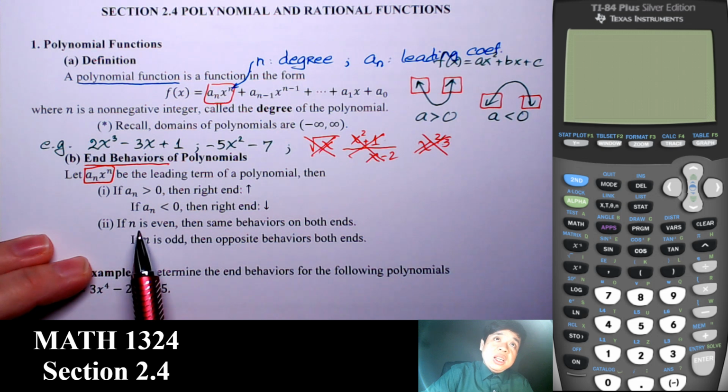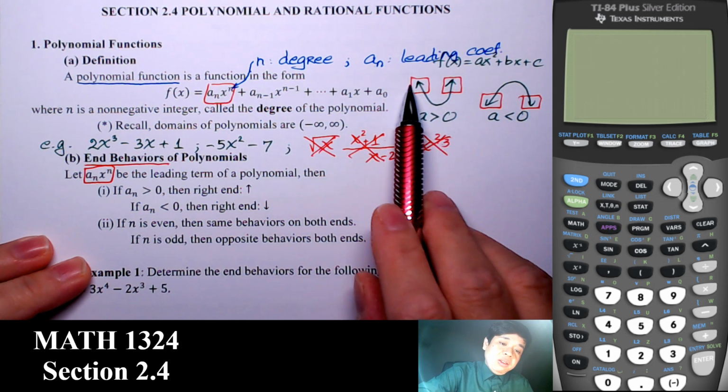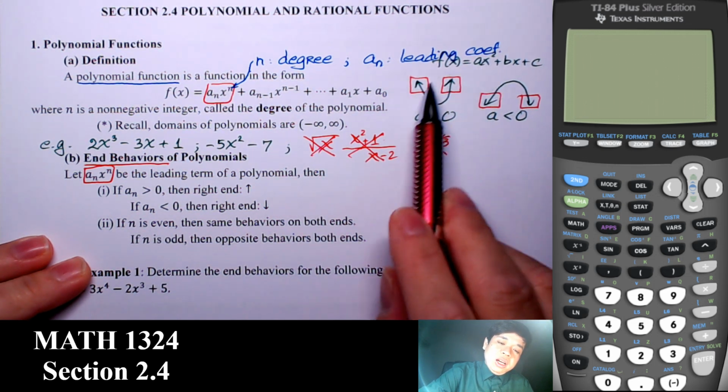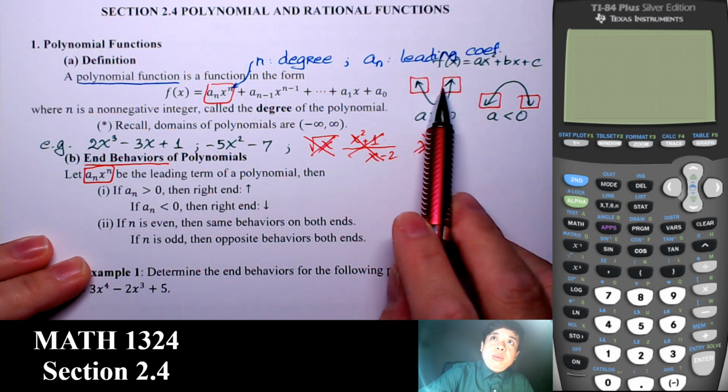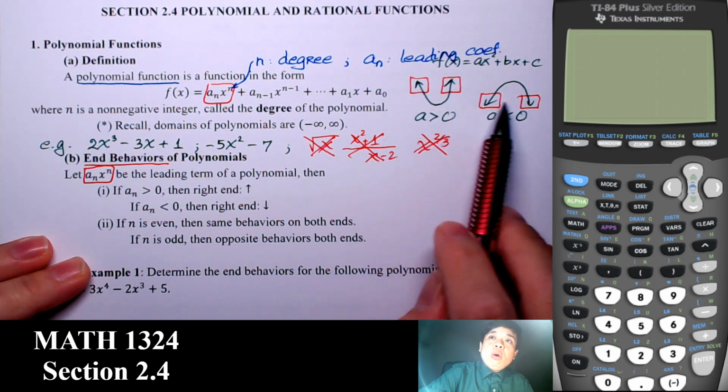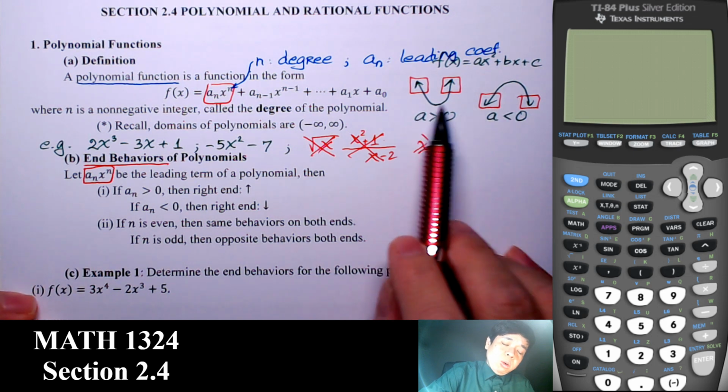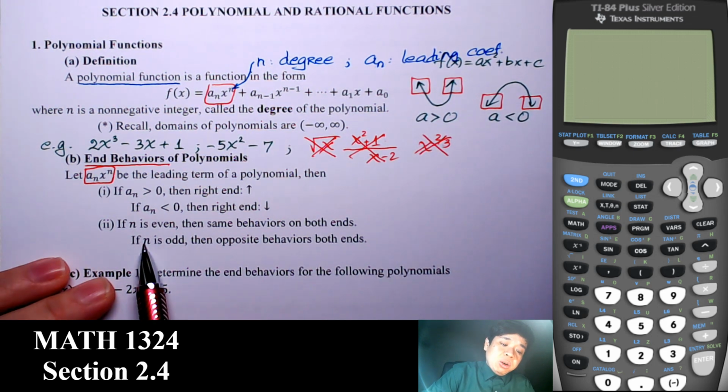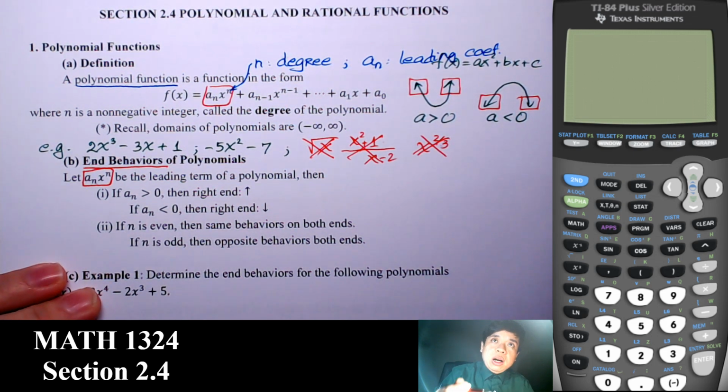If the degree is even, the ends have the same behavior. For example, x squared is even, so both go up or both go down. If the degree is odd, then they have opposite behavior, one up and one down.